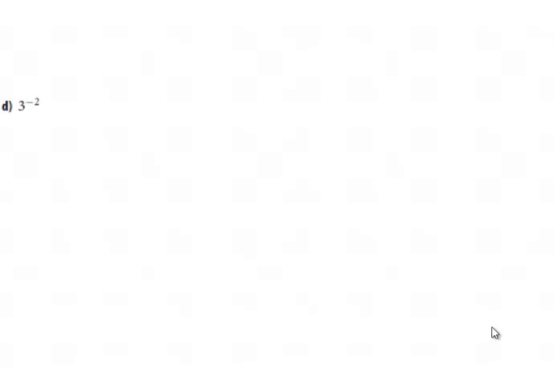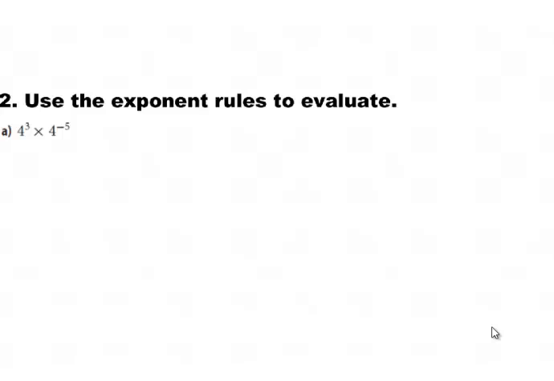The next example is 3 exponent negative 2. So I can write 3 exponent negative 2 is the same as 1 over 3 exponent 2, which is 1 over 9. The next example says use the exponent rules to evaluate. I can write this multiplication as 4 exponent the addition of exponents.